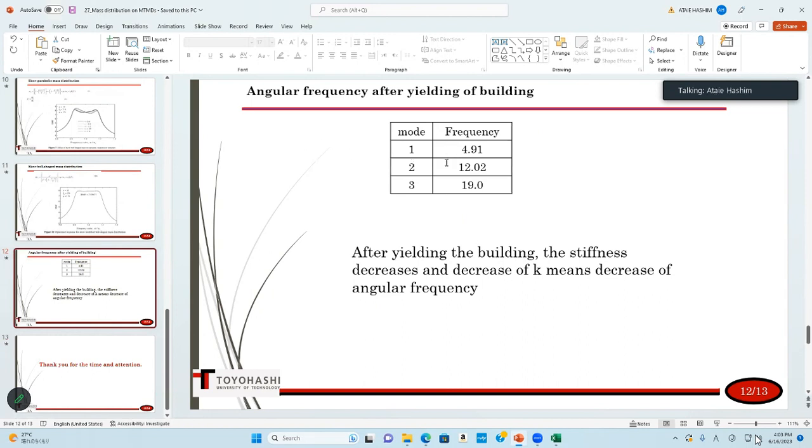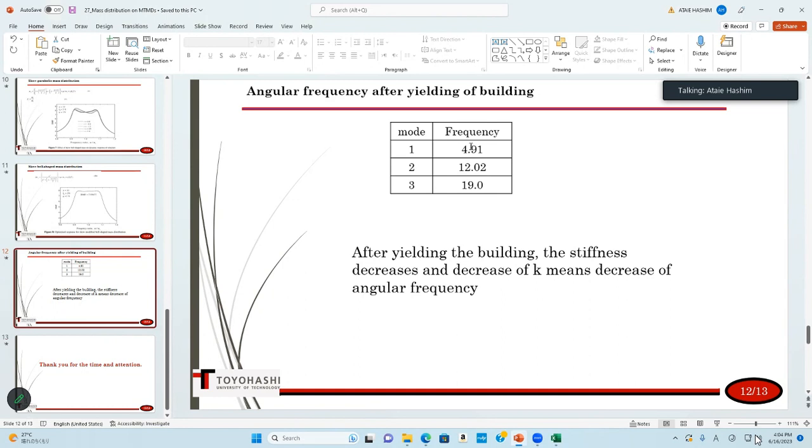And finally, from this, I found that, for example, in my 20-story building, the first mode has an angular frequency of about 5, the second mode is 12, and the third mode is 19. When the building starts yielding or is close to collapse, the frequency becomes smaller, so this TMD will not work.